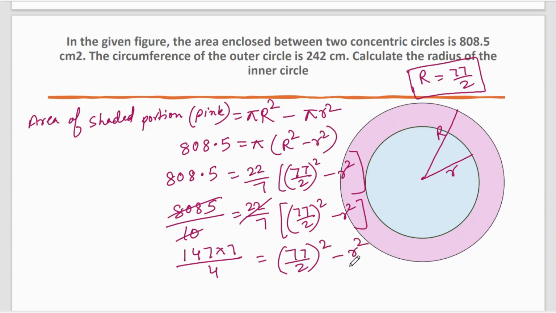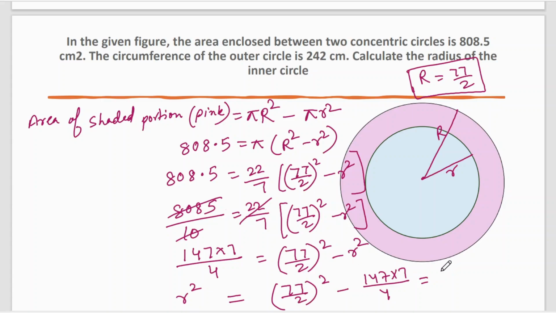Okay, now if I bring r square this side, what I will get? I will get 77 by 2 whole square minus 147 into 7 by 4. Okay, so just calculate this.